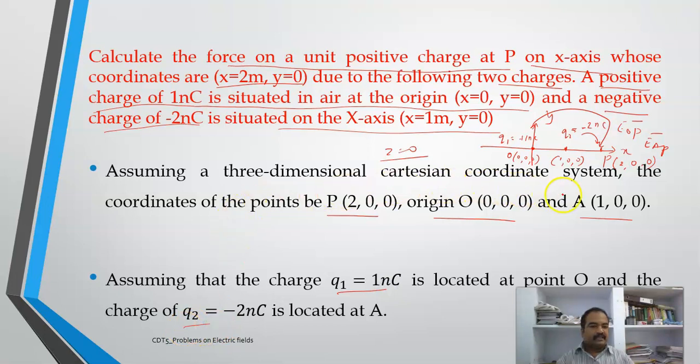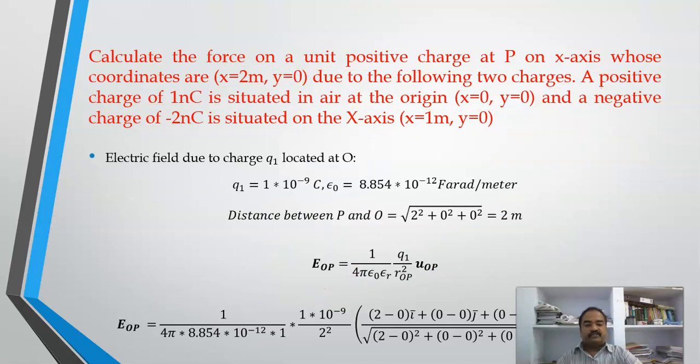So assuming a three-dimensional Cartesian coordinate system, the coordinates are P is 2, 0, 0. This is origin 0, 0, 0, and this is A 1, 0, 0. And Q1 is located at origin, as we have already mentioned here, and Q2 is located at A. Okay, and my point of consideration is P, which is at this location.